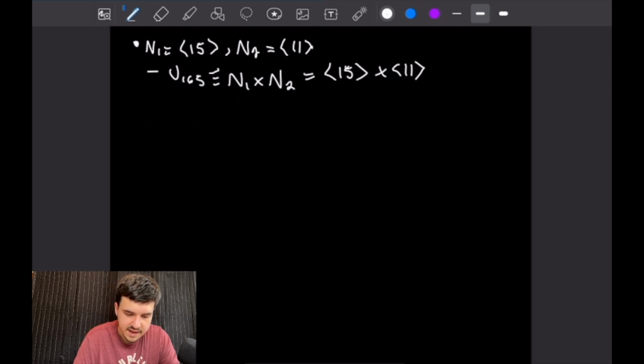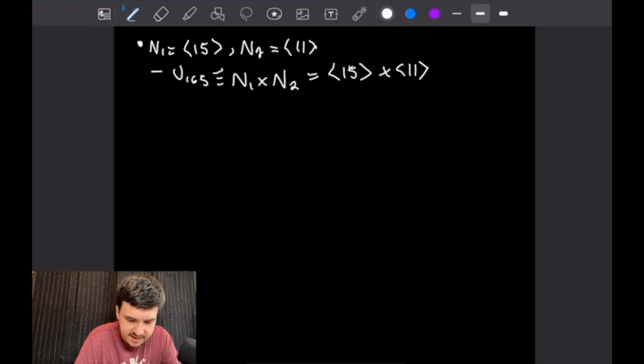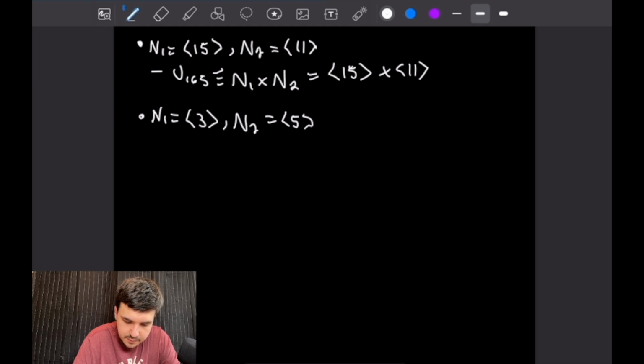And so for our fourth and final way to express this as an internal product of subgroups, we will have 3 subgroups here. We will have N1, that will be equal to 3. We'll have N2, which is equal to 5. And lastly, we will have N3, which is equal to 11. Great.